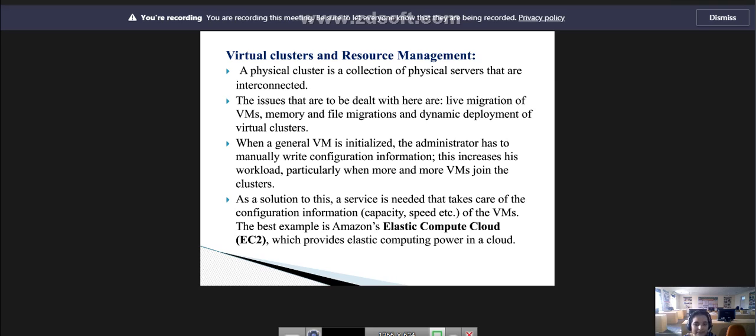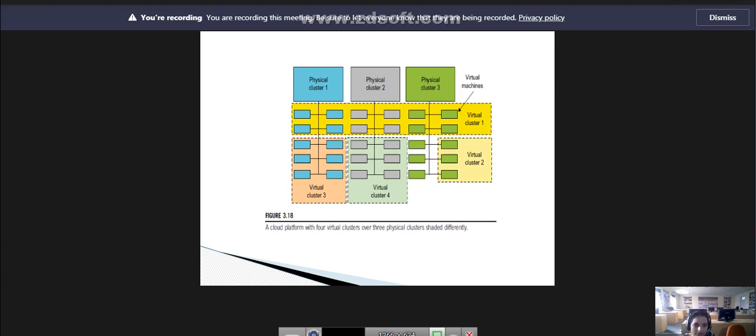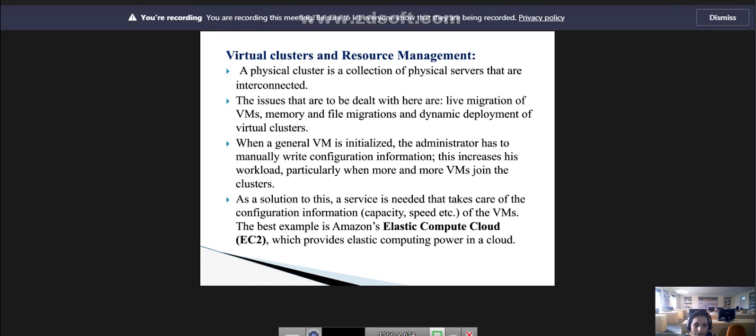This increases the workload, particularly when more and more virtual machines join the clusters. So whenever the virtual machines increase, the workload will increase.